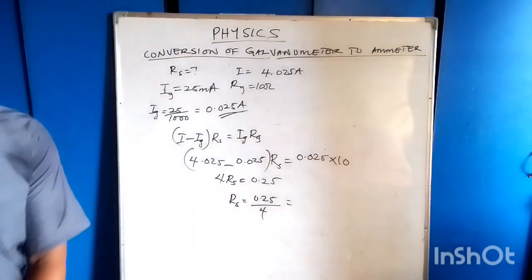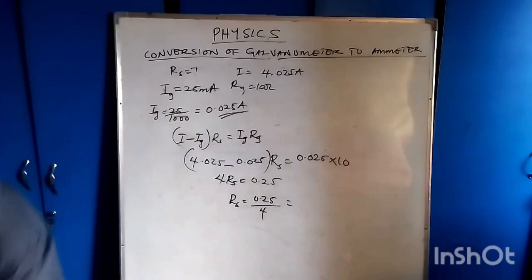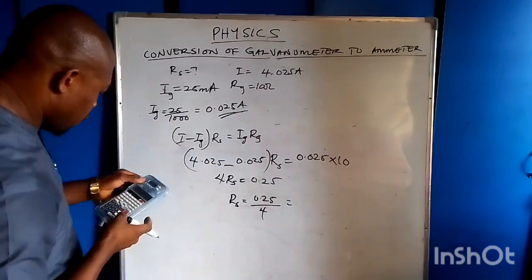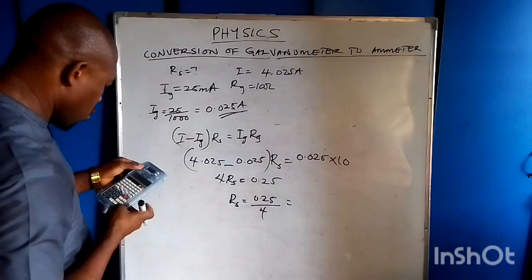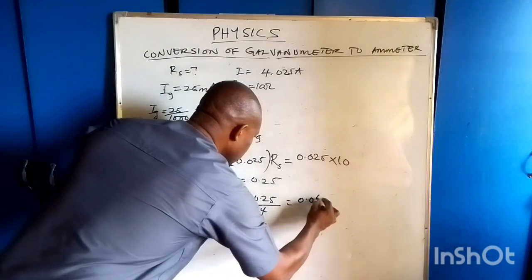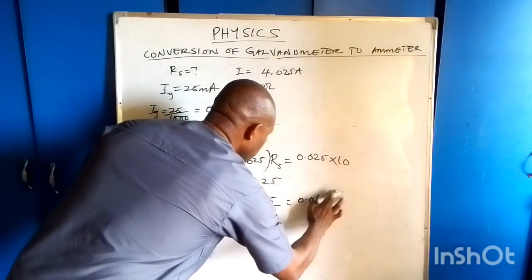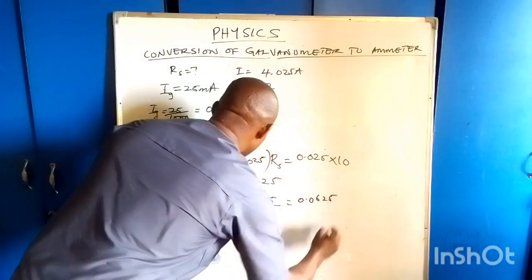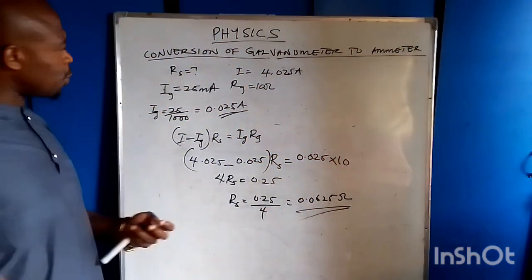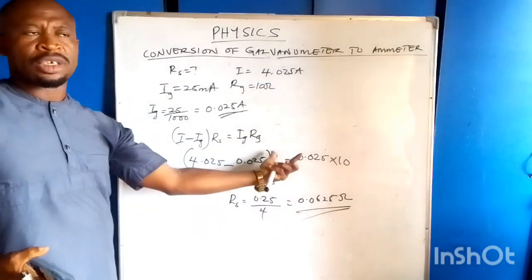If we press our calculator, 0.25 divided by 4 will give us 0.0625 ohms.